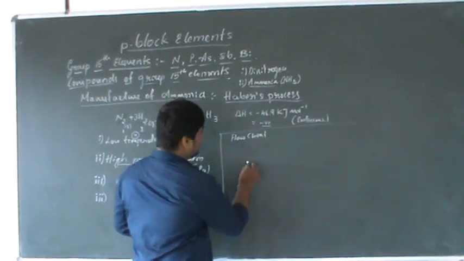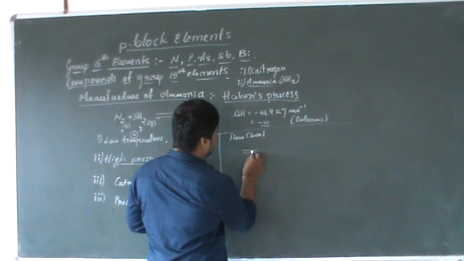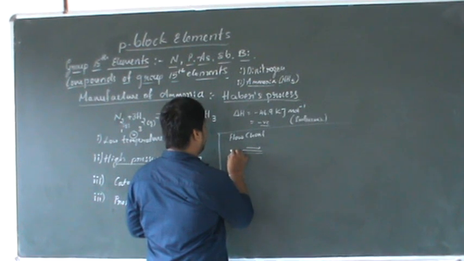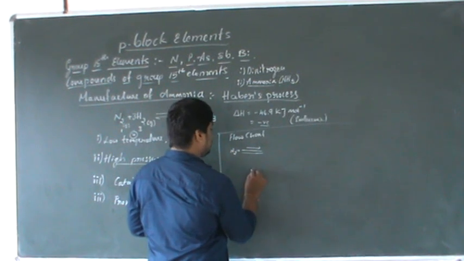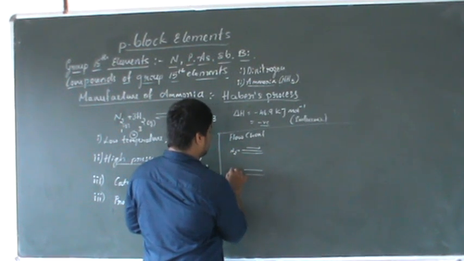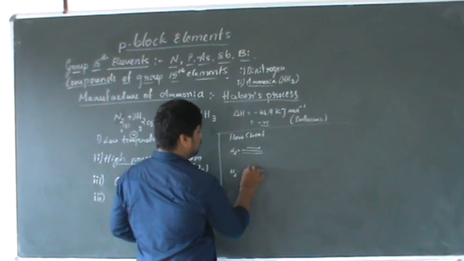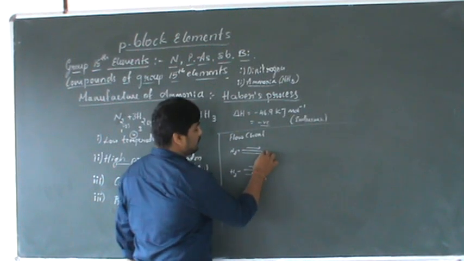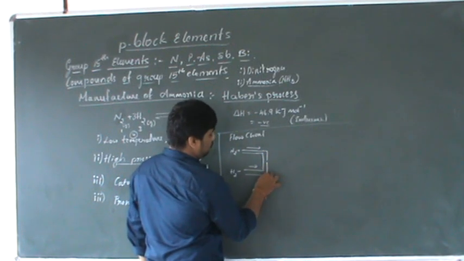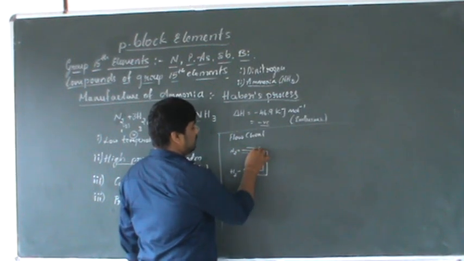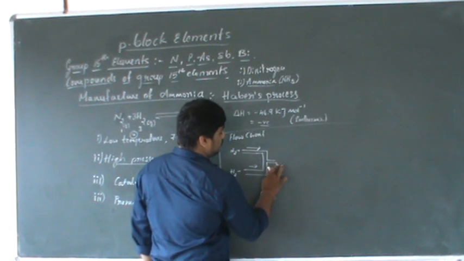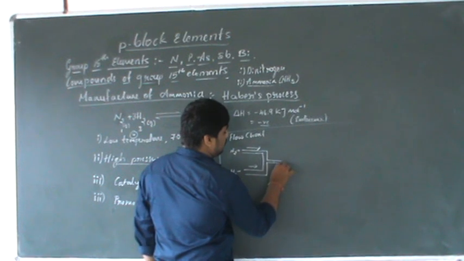In the first case, pure nitrogen, very important, pure nitrogen. Next, pure hydrogen is inletted. The flow chart is very important, therefore you should explain it with the diagram.